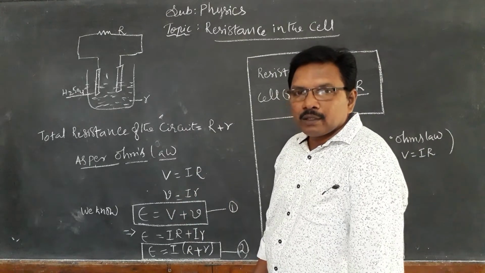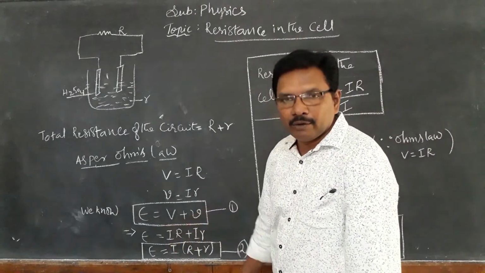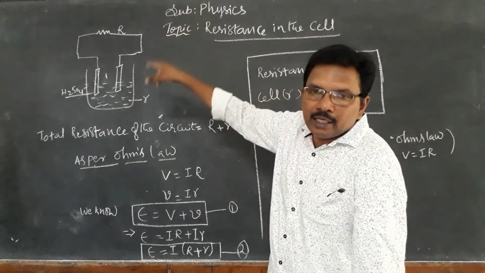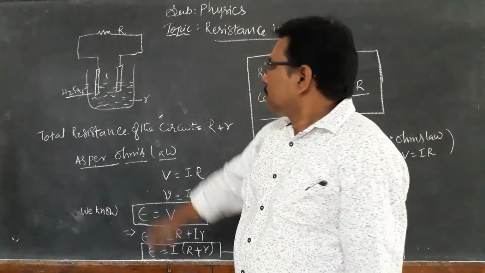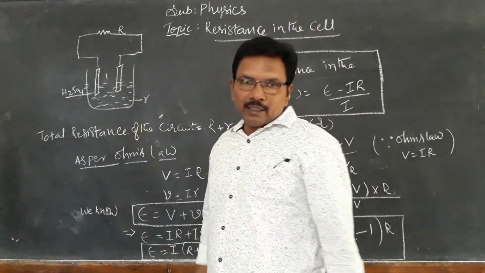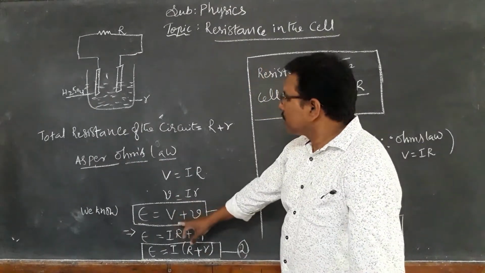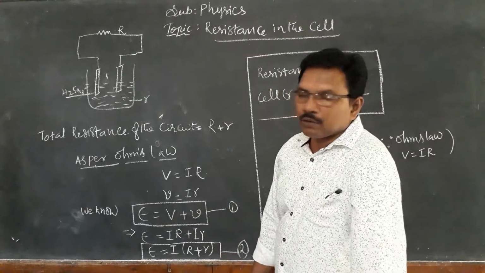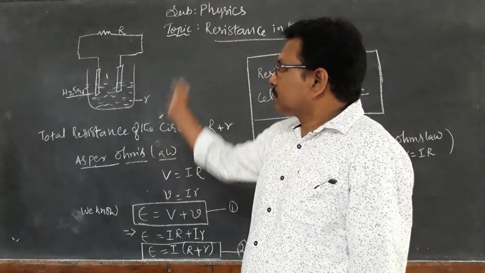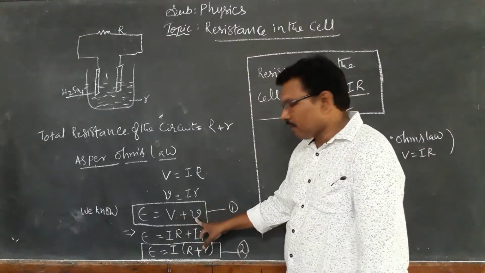Now you know, in the previous class we learned epsilon, the total EMF, is the combination of the potential difference outside and inside the cell. That means the potential difference in the outside circuit and the potential difference inside the cell. The electromotive force, the total potential difference along the total circuit, is equal to capital V plus small v.